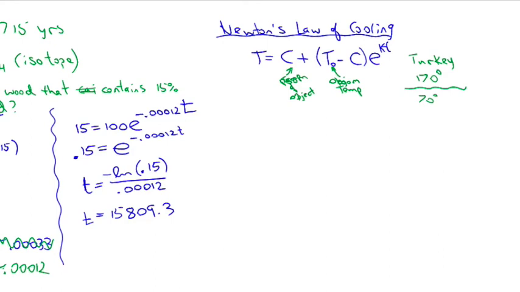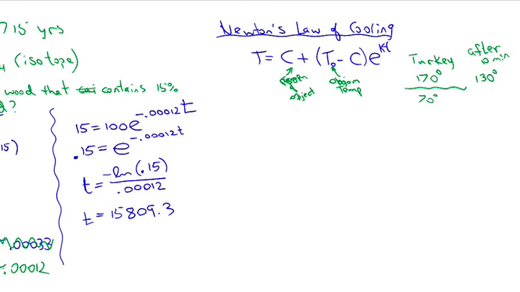So you find out its temperature after a certain period of time. It comes out of the oven at 170 degrees, and after, let's say, 10 minutes, it's down to 130 degrees. So it lost 40 degrees. All right, so we should be able to plug things in and find out.